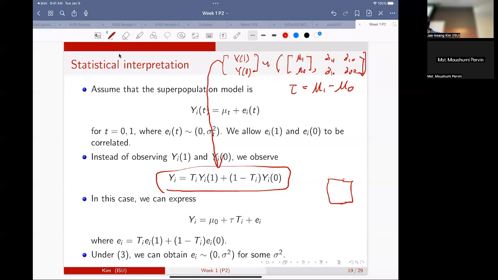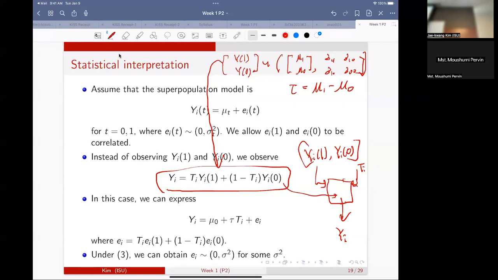So you put yi1 and yi0 as an input, and then this box, which is this one, right, this machine produces yi. Of course, you have to have a ti too. So this is a very simple function. You have the potential outcomes and ti as an input, and you output yi.